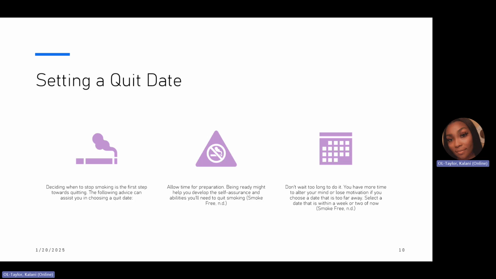You want to allow time for preparation, so you may pick a date next week to stop, and in your mind, you're building up to that. Be ready to have people to help you, people that will build your self assurance and your ability to quit smoking. You also don't want to wait too long. Having more time to think about it could alter your mind, and you could lose your motivation. So you want to select a date that is within the next week or two.